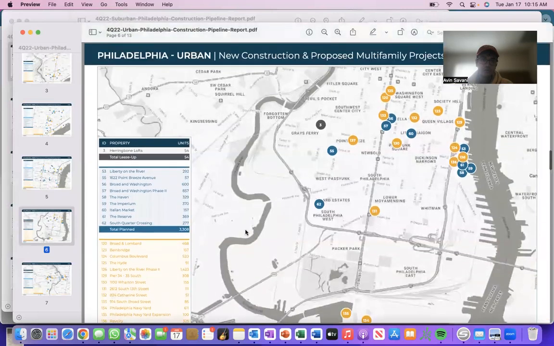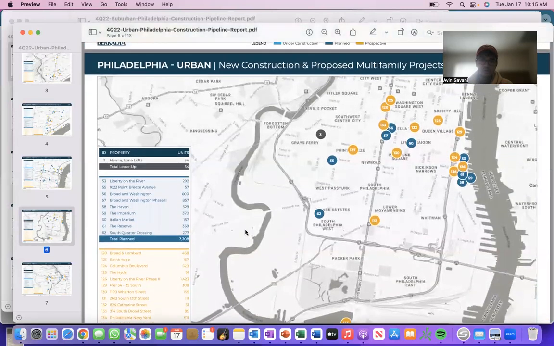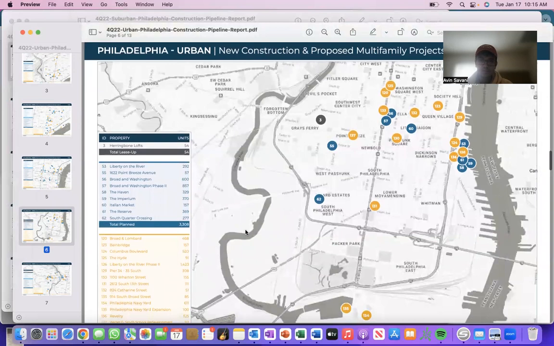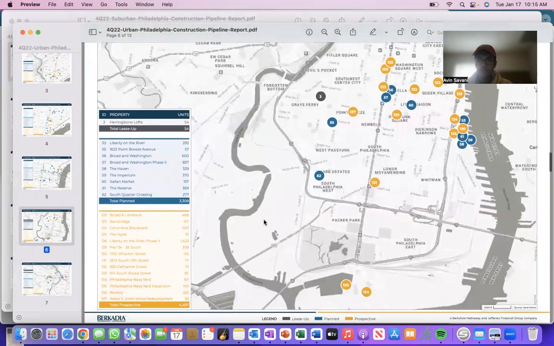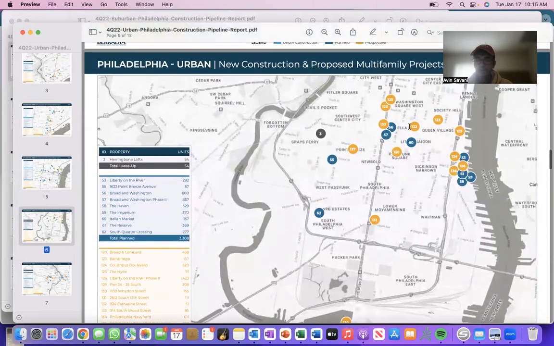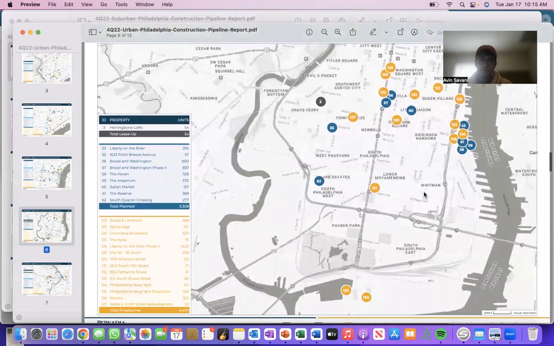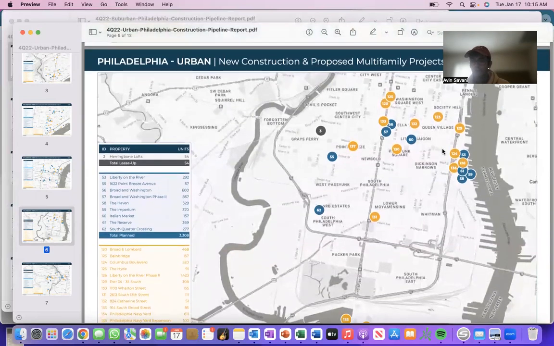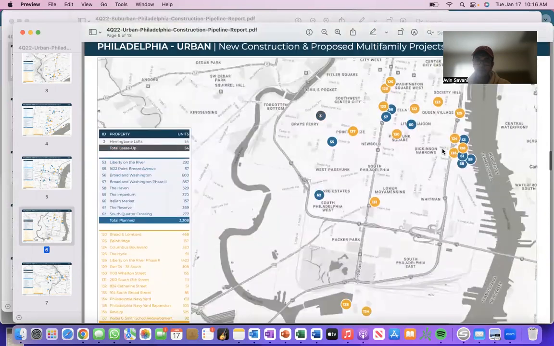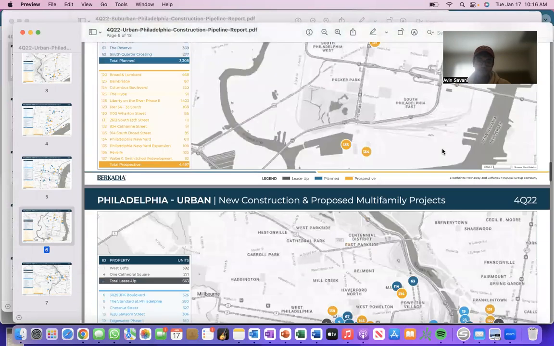And then here is, what is this area? Oh, this is South Philly. Okay. Most of this stuff is lower units. It's more residentially zoned in some areas. So you're going to see even single family portfolios here, build to rent models, different types in the South Philly region.